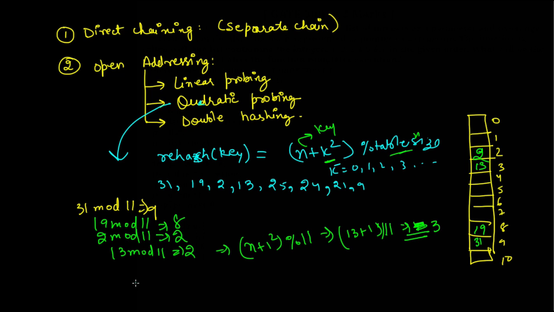The next number is 25. If we do 25 mod 11, we get index location 3, but 13 is already there, so we increase the value of k. It will be (25 + 1 square) mod 11, which gives us index location 4, so 25 is stored at index location 4.